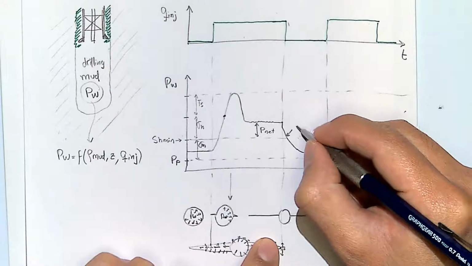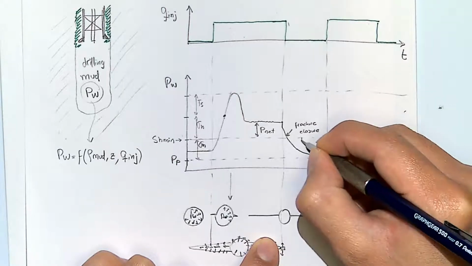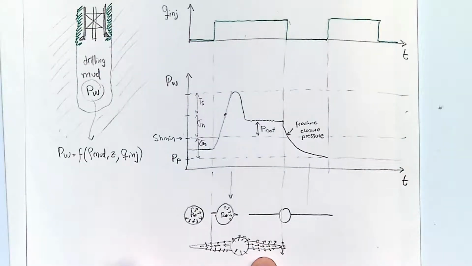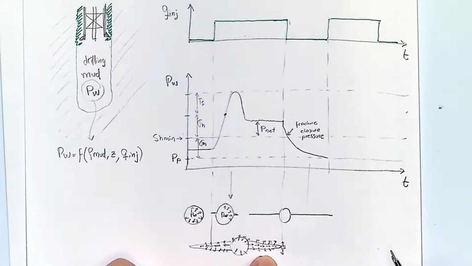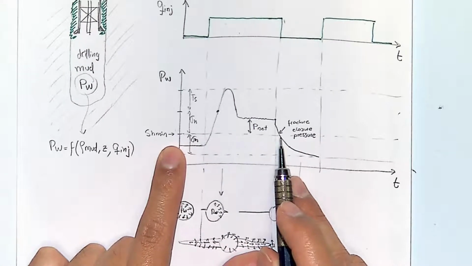And that fracture closure pressure is more or less equal to the minimum principal stress.